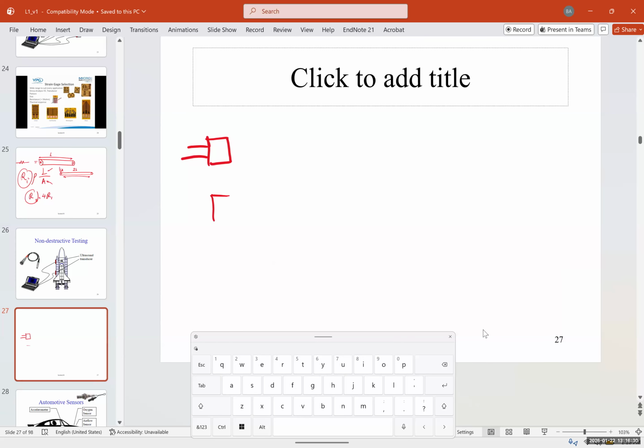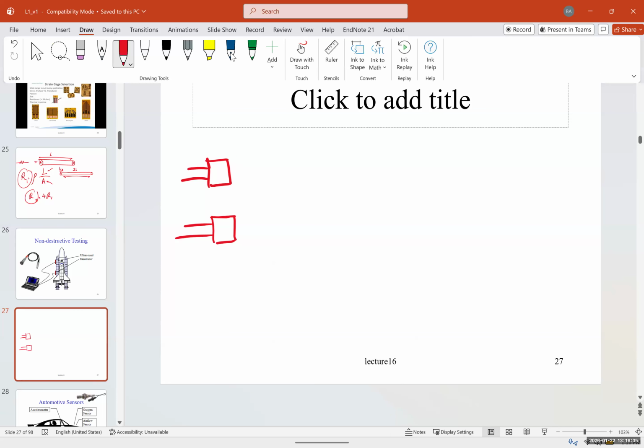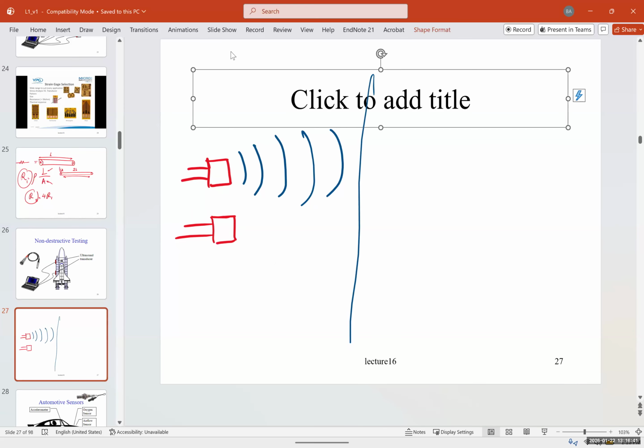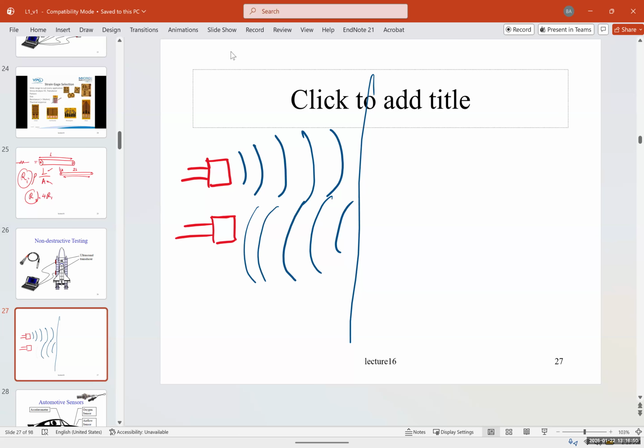You have a transmitter and we have a receiver. And the way that it works is the transmitter transmits a sound wave. It hits a target or an obstacle. And what happens is the sound wave comes back.